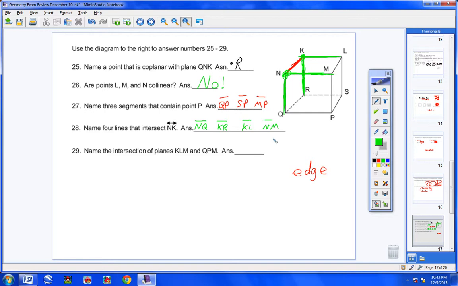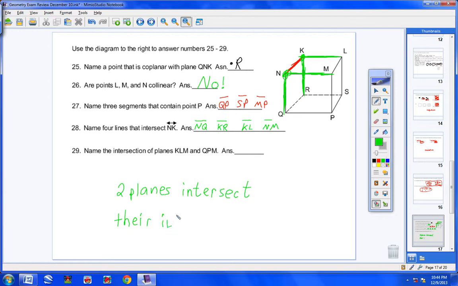And lastly, name the intersection of planes KLM and QPM. Now, remember this from your notes, okay? When 2 planes intersect, their intersection will be a line.